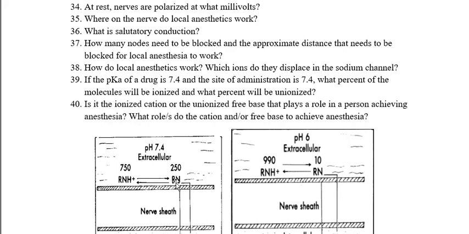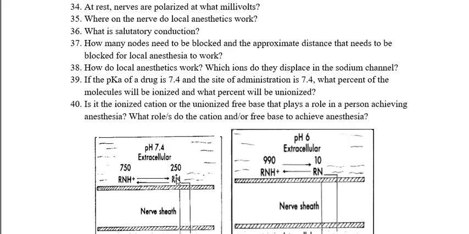So this RN and RNH plus, you've just injected a whole bunch of lidocaine into someone, and this is what the lidocaine molecules look like, all right? They become RN and RNH plus outside the nerve.